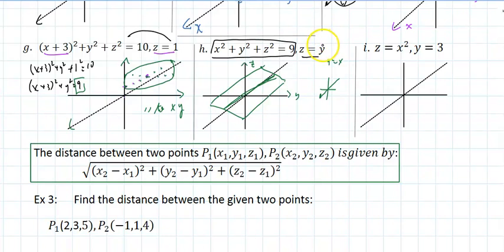If you take y and put it in place of z, that would say x squared plus y squared plus y squared equal 9. That's x squared plus 2y squared equal 9. That's really x squared over 9 plus y squared over 9 halves equal 1. That's really an ellipse.